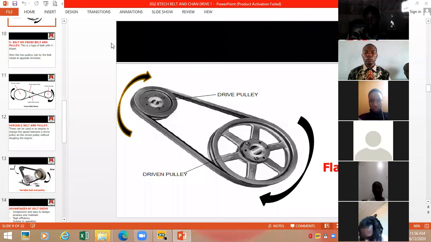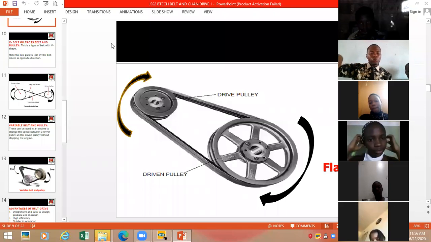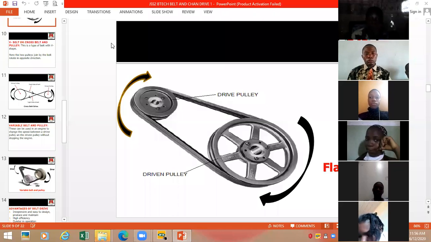Do they move at the same time? Yes, they move at the same time. As long as the driver is rotating in a circular motion, if you link the driver with the driven with a belt, they move at the same time. Take for example, a tomatoes grinding machine, like I said earlier on.